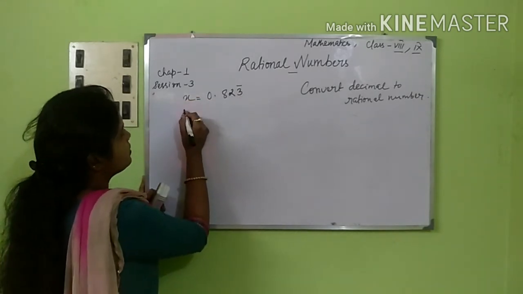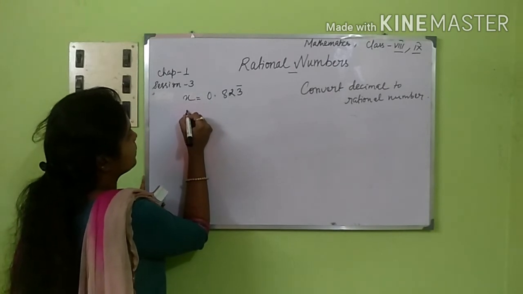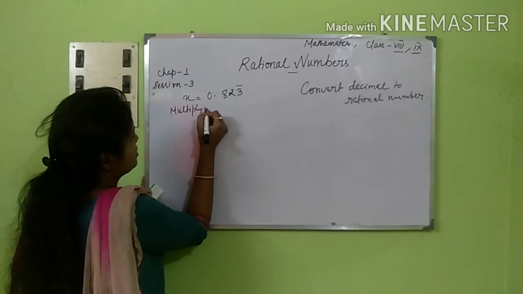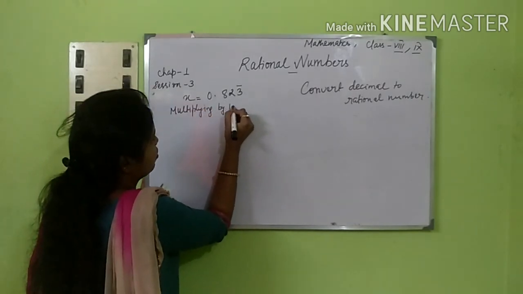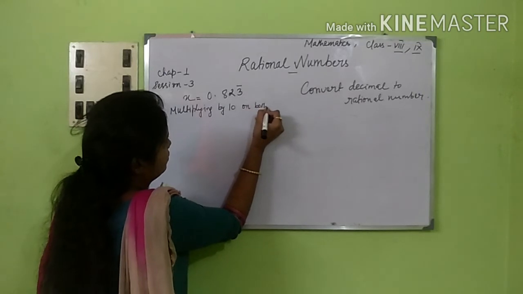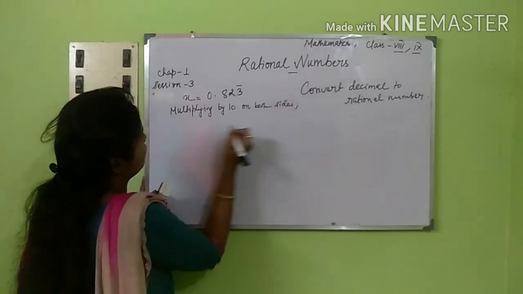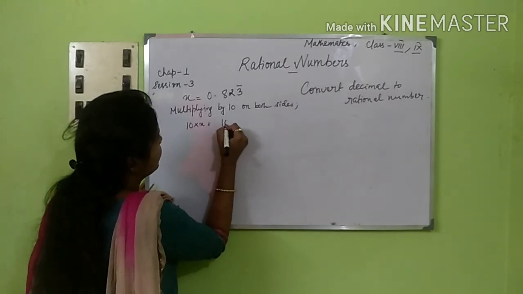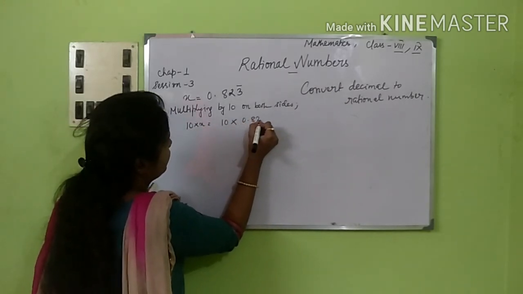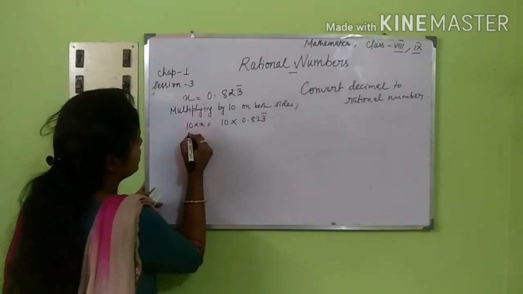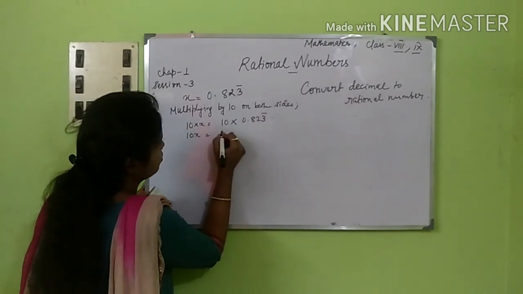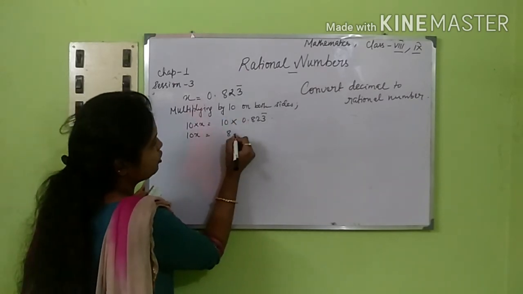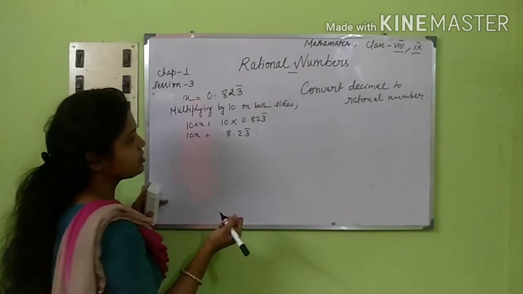Now, multiplying by 10 on both sides, we get 10 into x equal to 10 into 0.823 bar. It is coming to 10x equal to 8.23 bar, because one digit will go to the right hand side of the decimal, right?